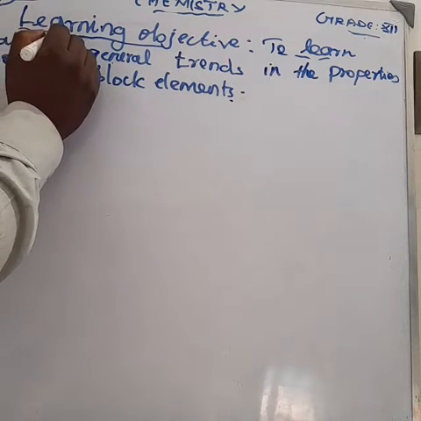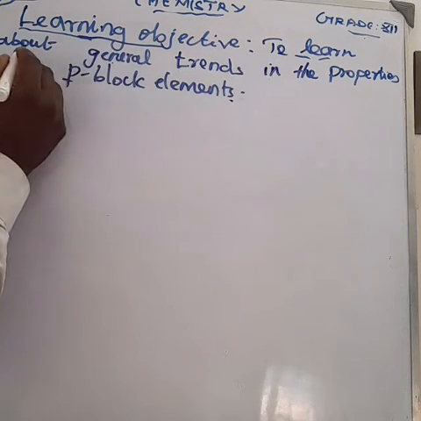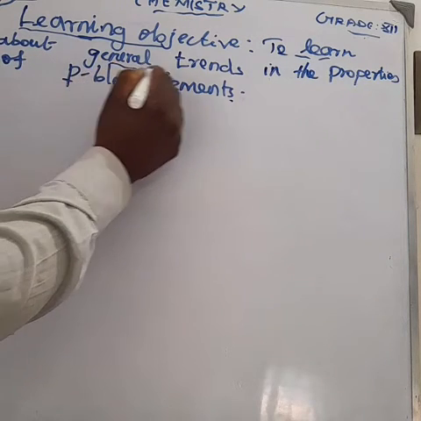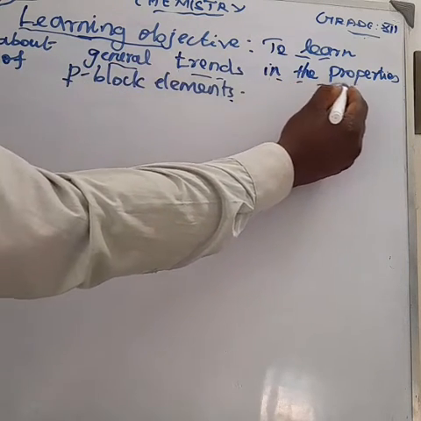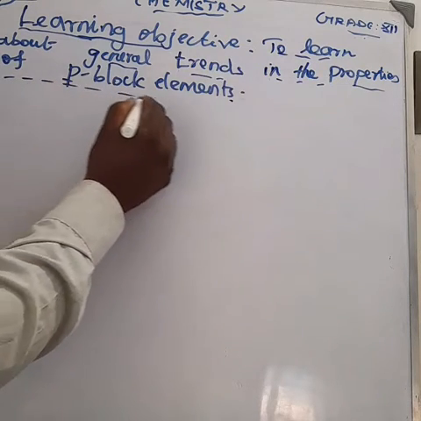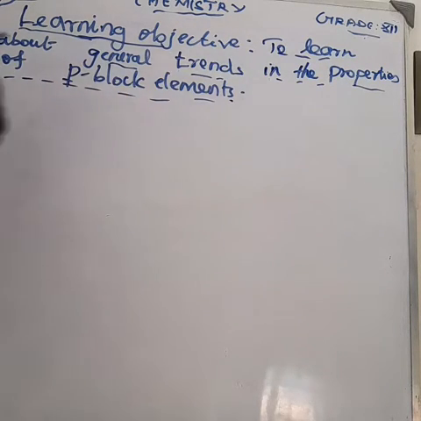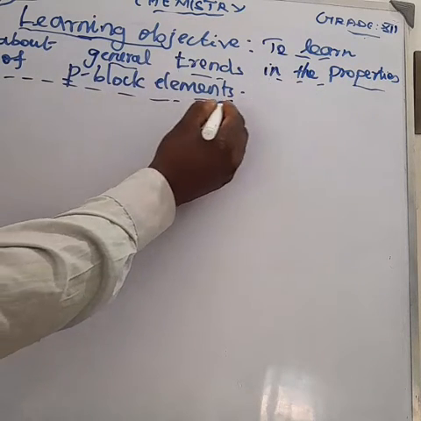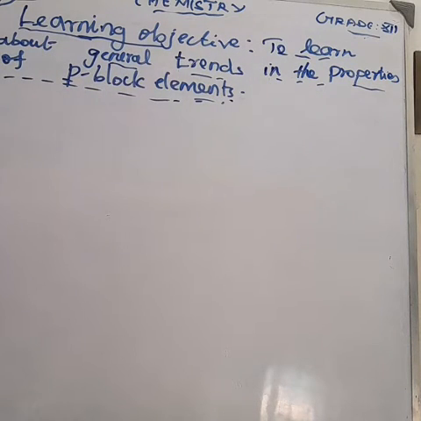My dear children, today our learning objective is to learn about the general trends in the properties of P block elements. Describe the general trends in the properties of P block elements.